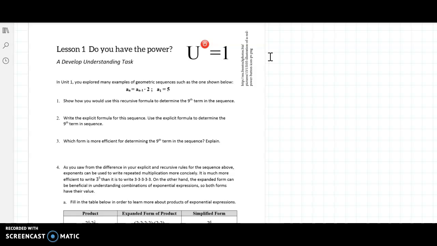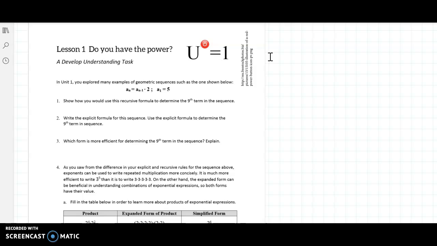In Unit 1, we explored many examples of geometric sequences such as the one shown below. A of n equals A of n minus 1 times 2, where A of 1 equals 5.